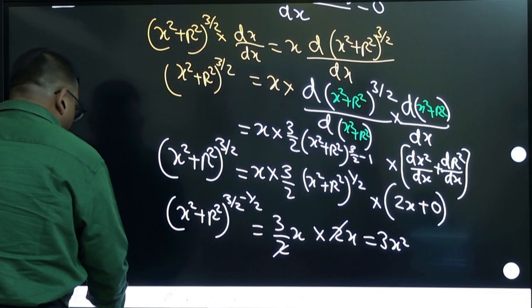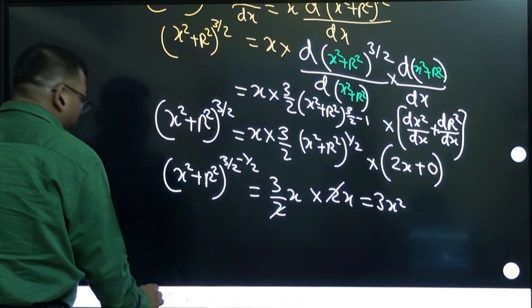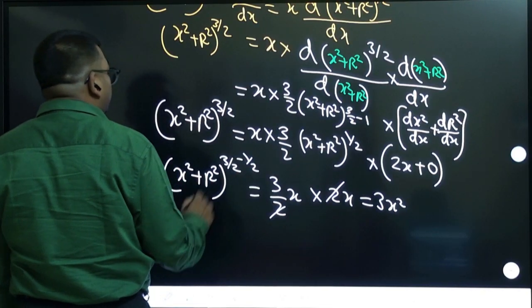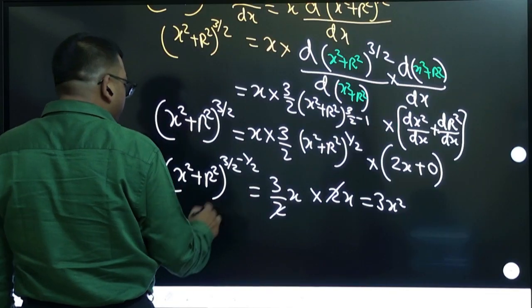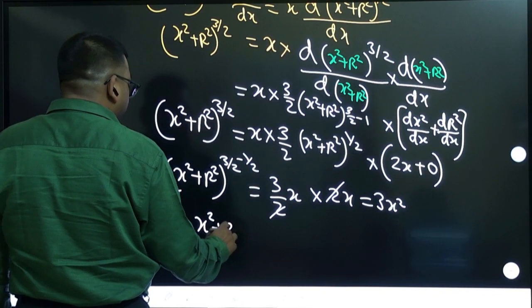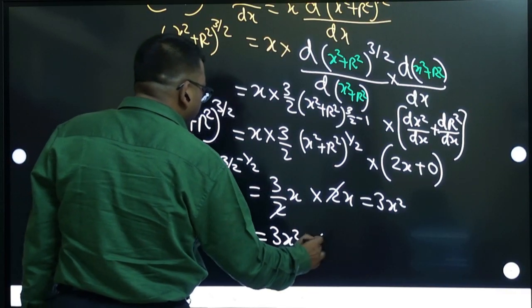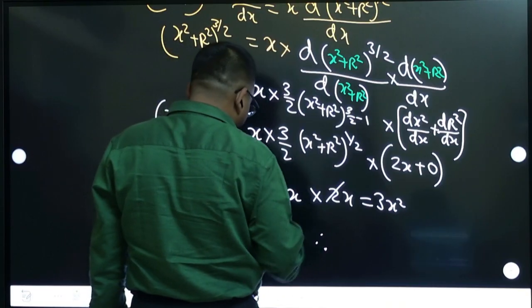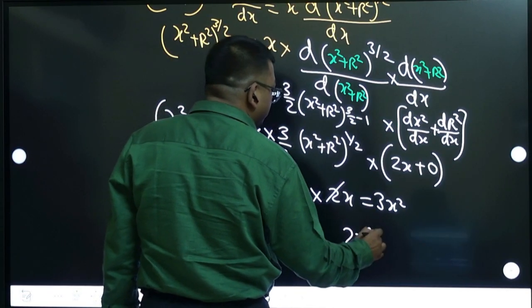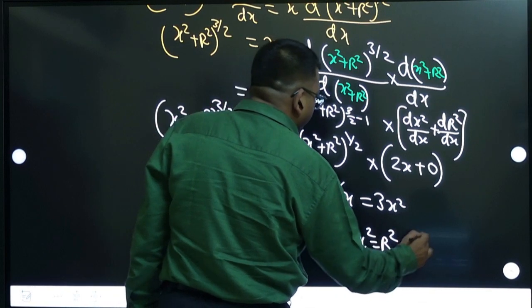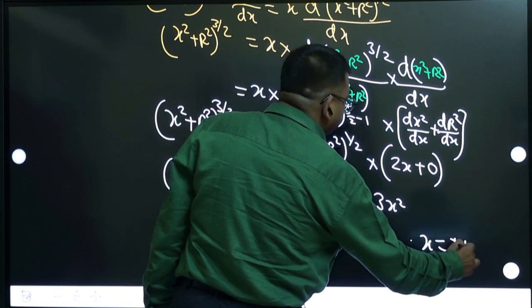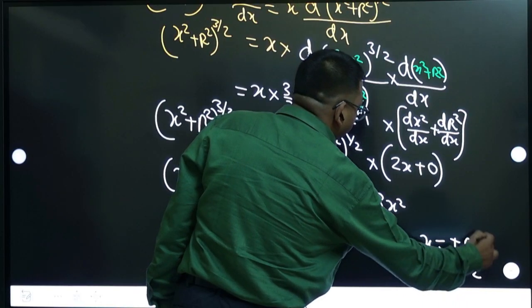And this side, 3 by 2 minus half is what? 1 only. So x square plus r square power 1 means that only. And that side comes 3x square. So this is a very important result, that 3x square minus x square, 2x square becomes r square. So x becomes plus minus r by root 2.